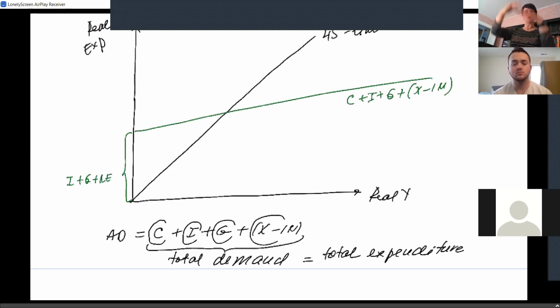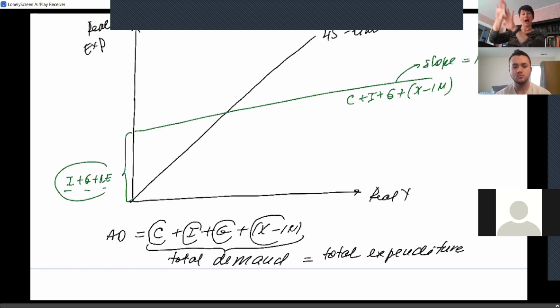How far up on the vertical axis should I start the total expenditure line? It depends on the value of I, G, and net exports, because those numbers are not determined by households. What we know for a fact is the total expenditure line does not start at the point of origin, because there is some expenditure done by other segments of the economy.